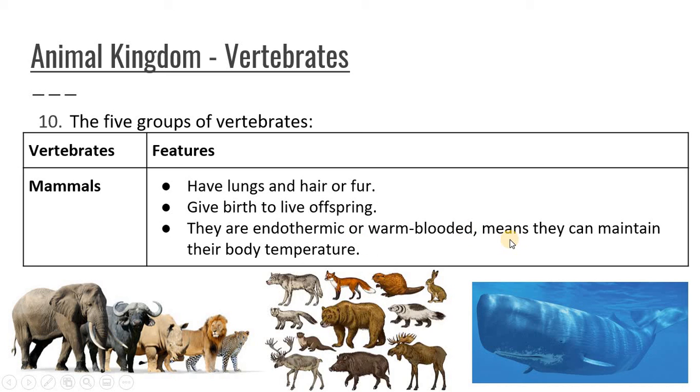What does warm-blooded mean? It means that they can maintain their body temperature regardless of the temperature outside. For example, in cold weather, their body temperature will not change according to their surrounding temperature.